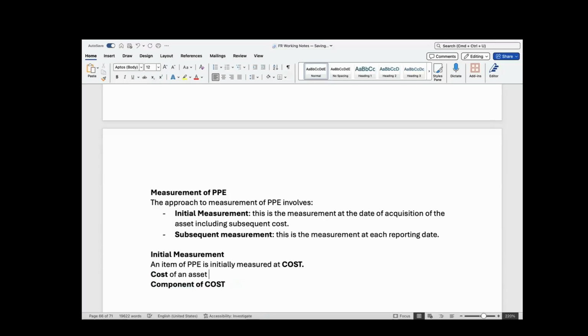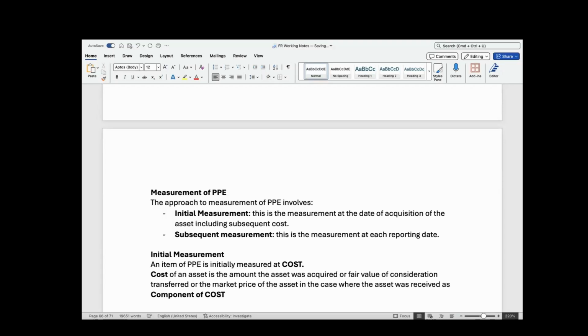Cost of an asset is the purchase consideration, or let me use very simple language, is the amount the asset was acquired for, or the fair value of consideration transferred, or the market price of the asset in the case where the asset was received as a gift.